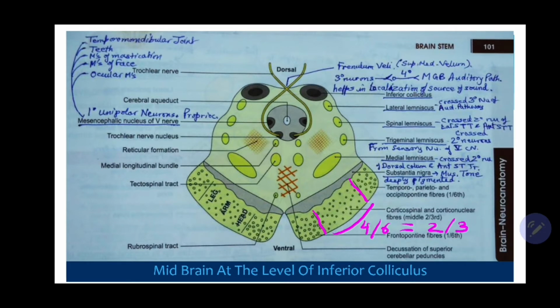That is the area taken up by the corticospinal fibers or the pyramidal tracts.